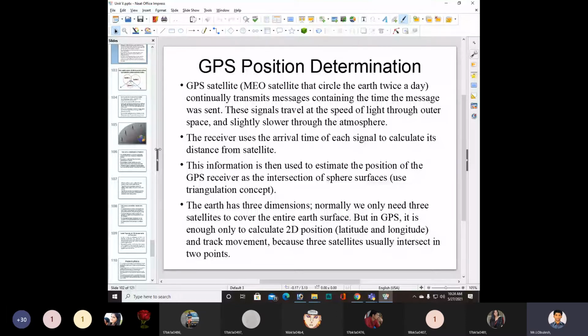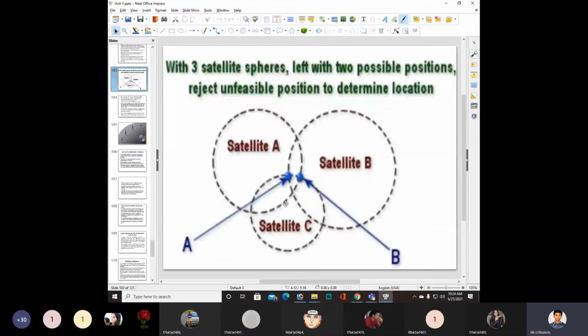You need to see the diagram, in which we can see that 3 satellites usually intersect at 2 points.